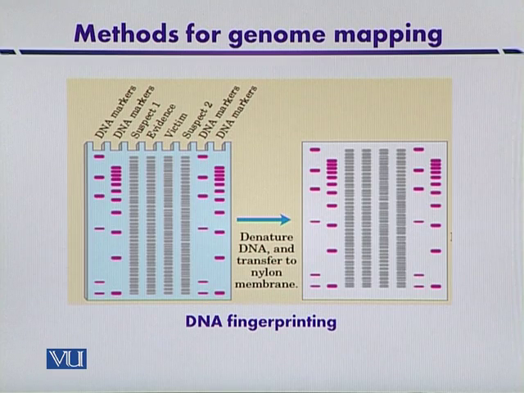Like I told you earlier, RFLPs can be used to find clues or witnesses in forensic biology, where we can identify victims or criminals by comparing their DNA banding patterns. So this DNA fingerprinting technique has been used in forensic biology, but it is also a very important technique to study the pattern or arrangement of genes on the chromosome.